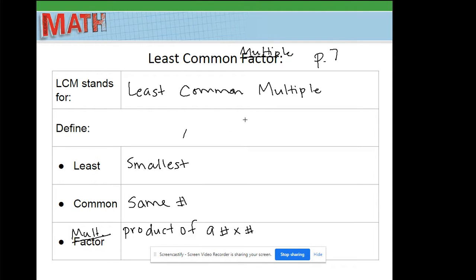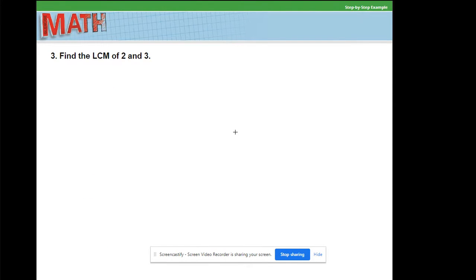All right, if we turn to page 9 in our books, we are on example 3 at the top, and it gives us two different ways we can do this. I'm just going to go over method 2 because I think that might be the easiest. You're going to list out the multiples of 2 and 3.